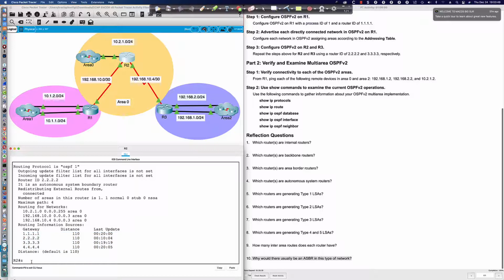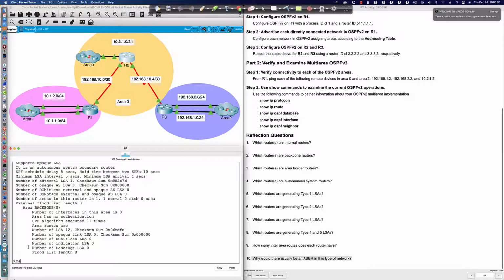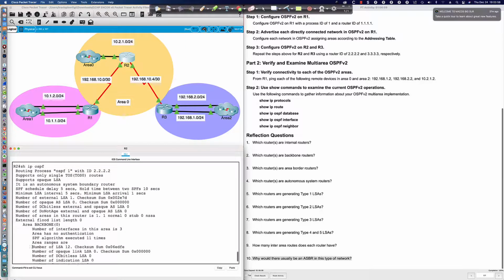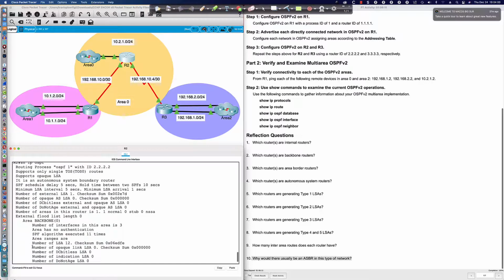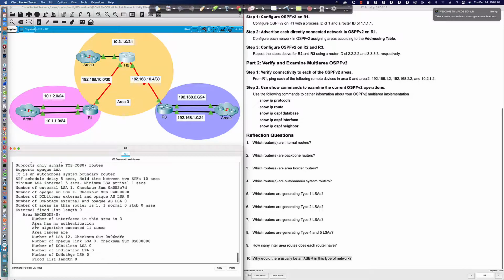Now, if I was to say show IP OSPF, that's another good one that they don't have over here. And the reason that that's a good one is that you can see that it's in the area backbone.